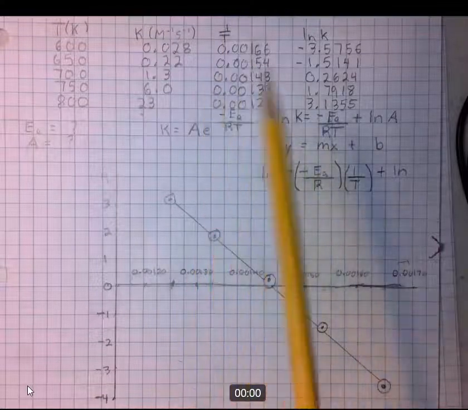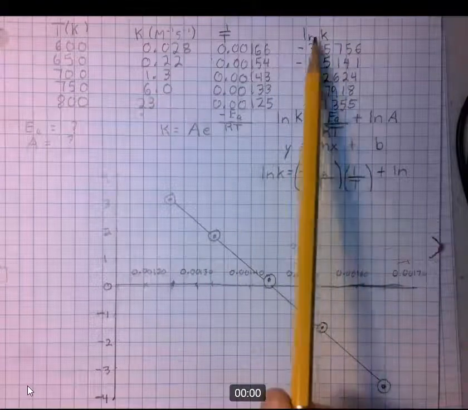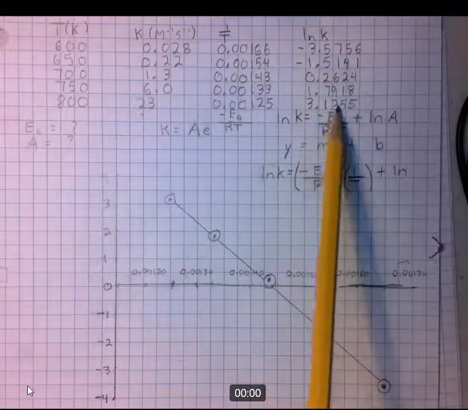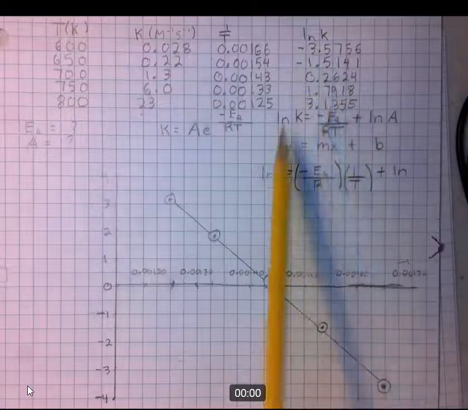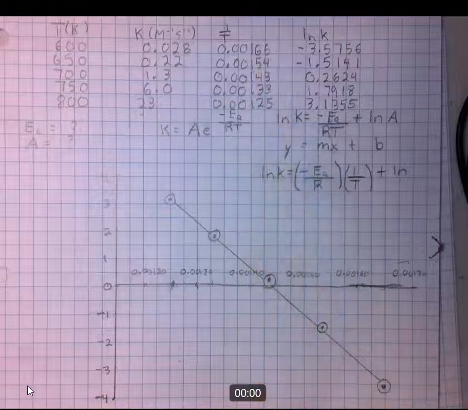But what we can just do is pick our two extreme points. So these two right here for the y-axis, because that's the up and down, that's the vertical axis, and these two right here for the x-axis.